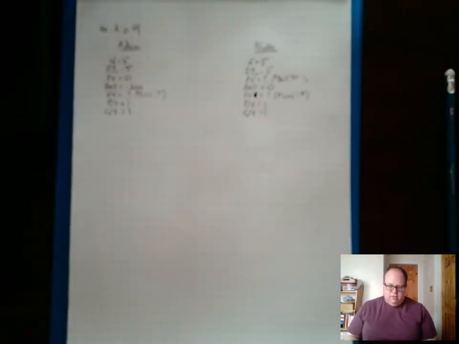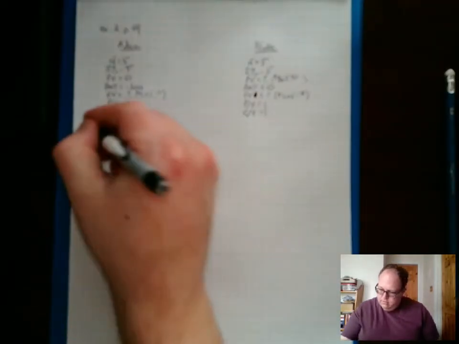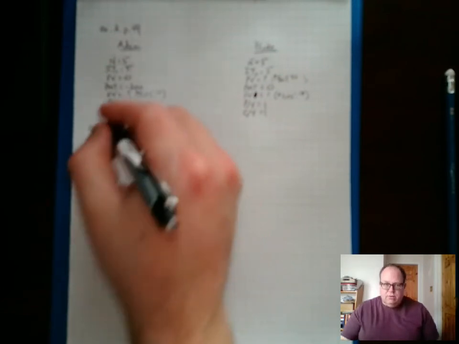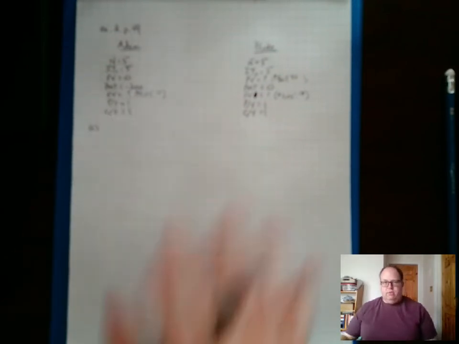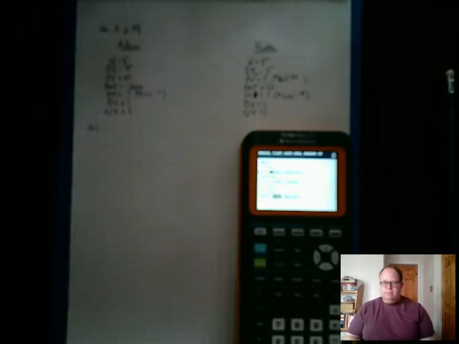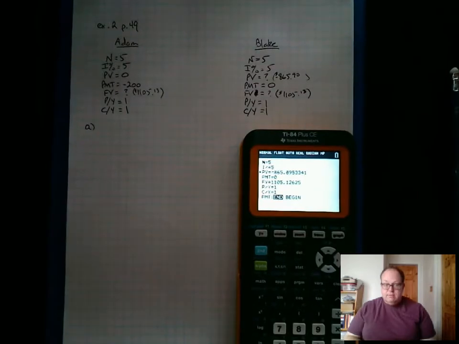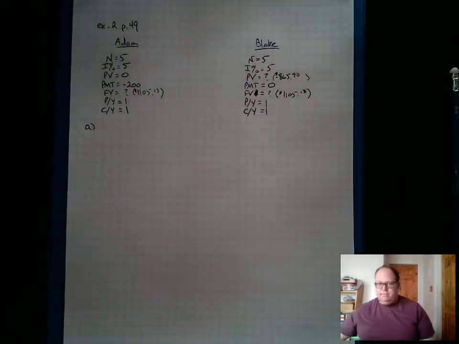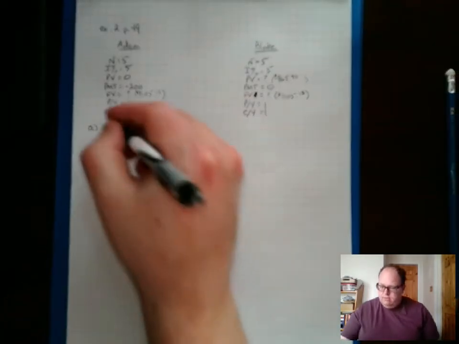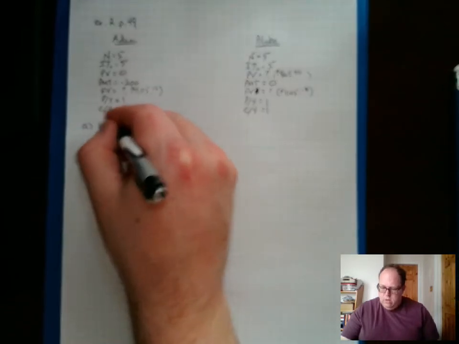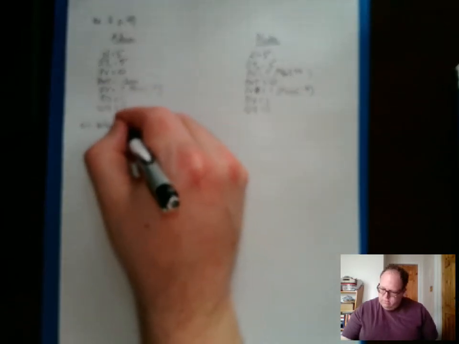So then we're asked a series of questions. A asks, what is their future value? Where's my focus? I'm on focus. Oh, this thing. Thanks for that. Okay. So, what was their future value?